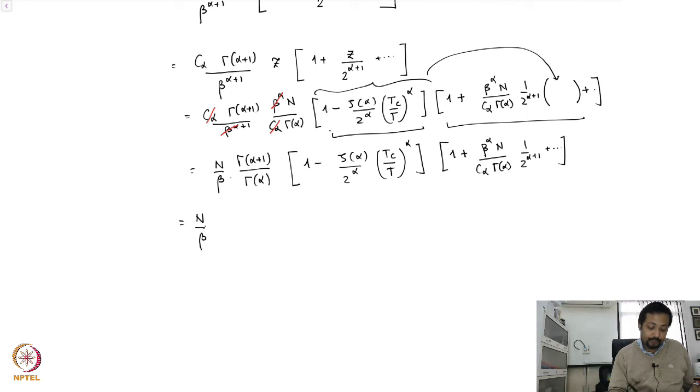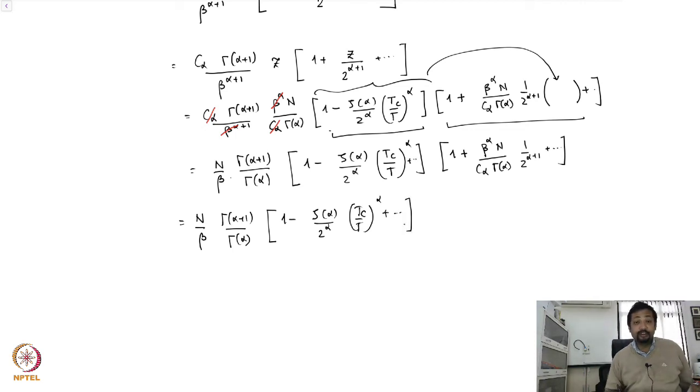N over beta gamma alpha plus 1 divided by gamma alpha, 1 minus zeta alpha 2 to the power alpha Tc over T raised to the power alpha plus higher order terms, which we always have and should not forget.